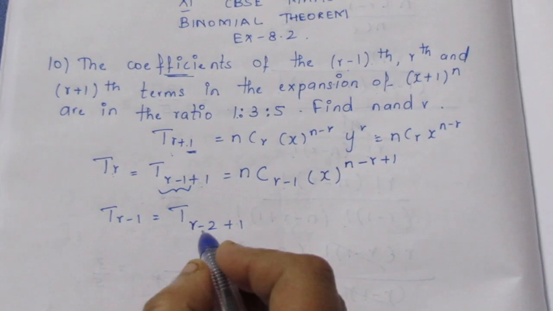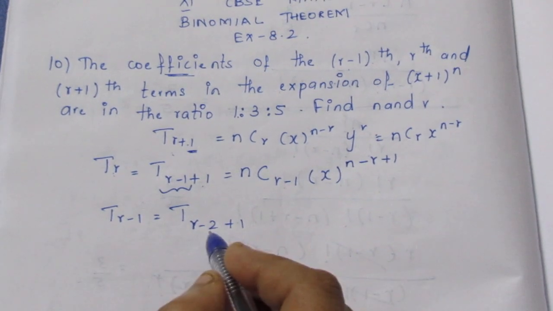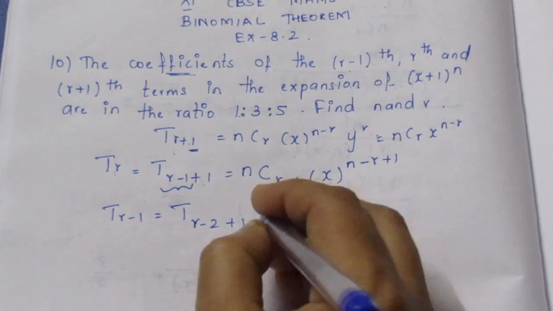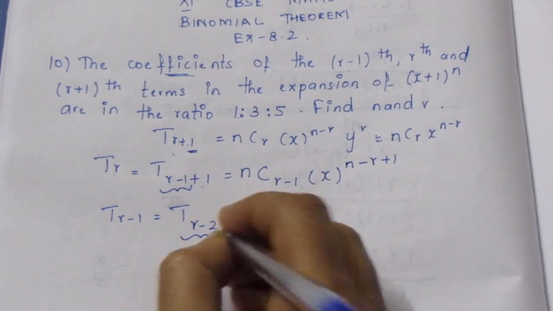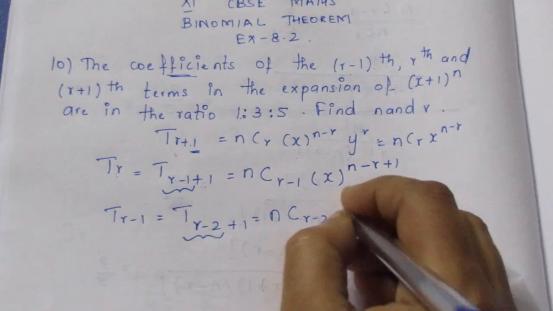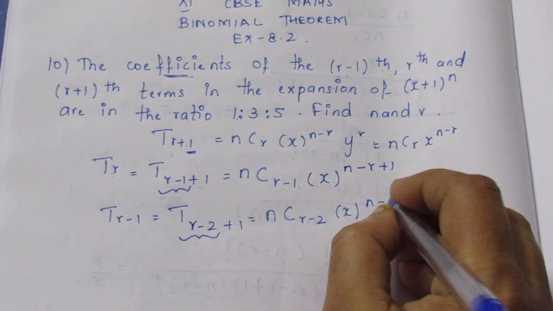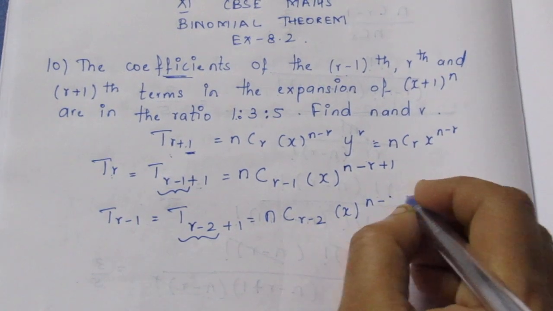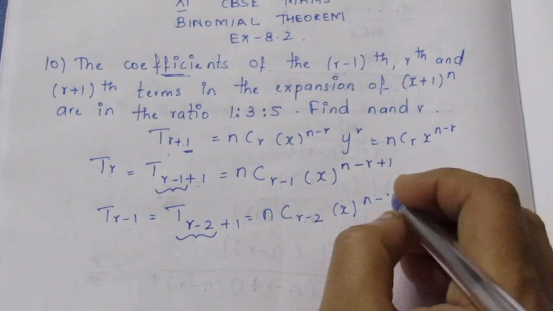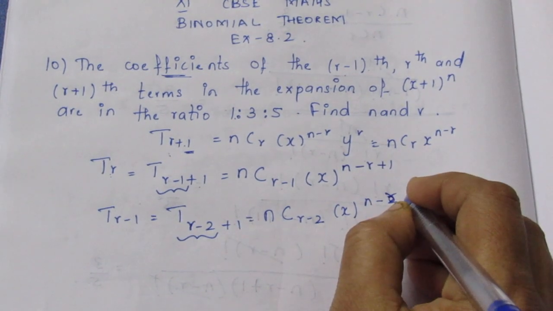Only if you write T_(r-2), if we solve this, it becomes T_(r-1), because of the greater number sign as negative. Now in the place of r, we have r minus 2. The formula becomes nC(r-2) x power n minus, in the place of r minus 2, as the bracket has two numbers, taking the minus sign inside it becomes r plus 2.